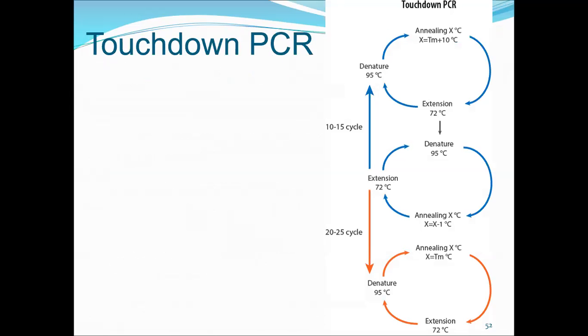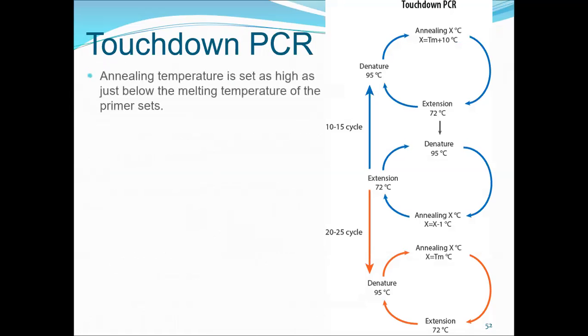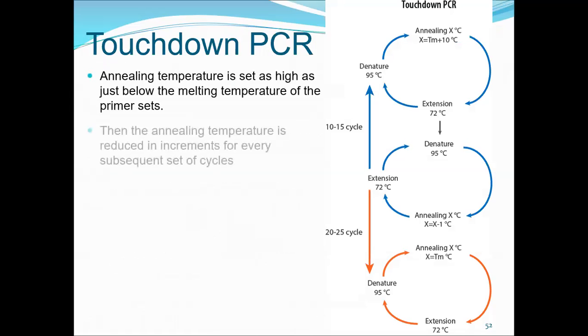Then comes the touchdown PCR. So touchdown PCR is something in which the annealing temperature is usually set around 3 to 5 degrees Celsius above the TM.